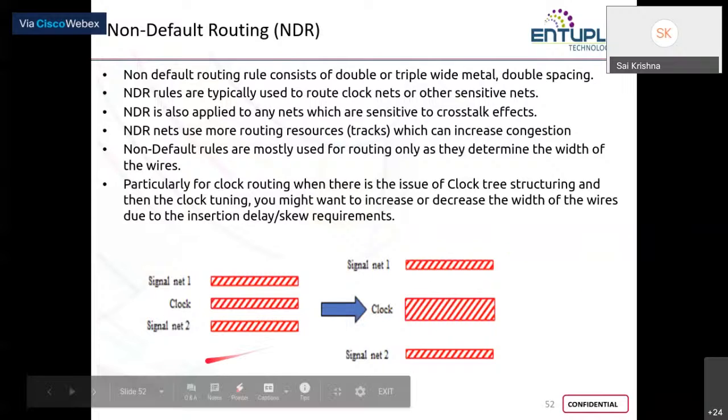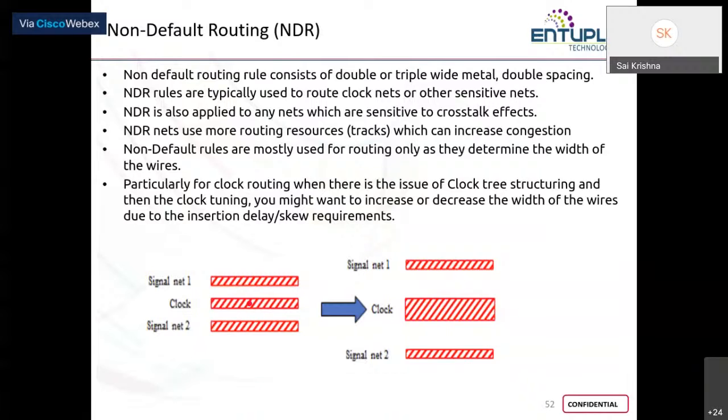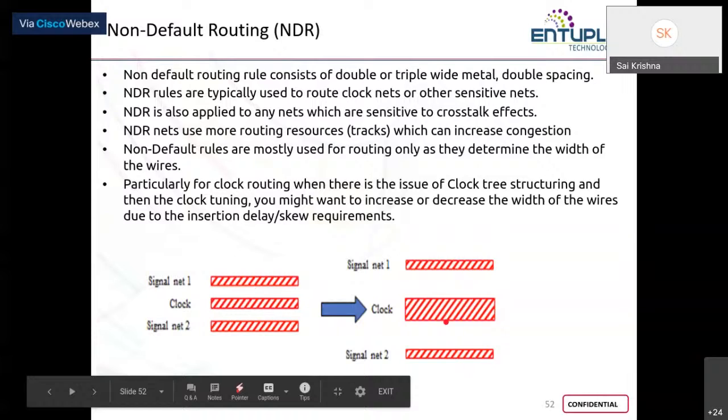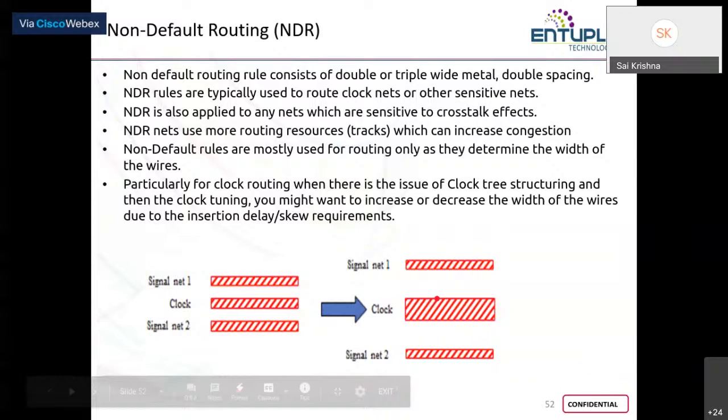So as you can see here, assuming your signal net 1, signal net 2 and clock are all of the same metal, this is the minimum width and spacing that are maintained. But when you perform NDR for your clock signals, you see there is more width for your clock, and the spacing between your clock layer and the signal layer is also higher.